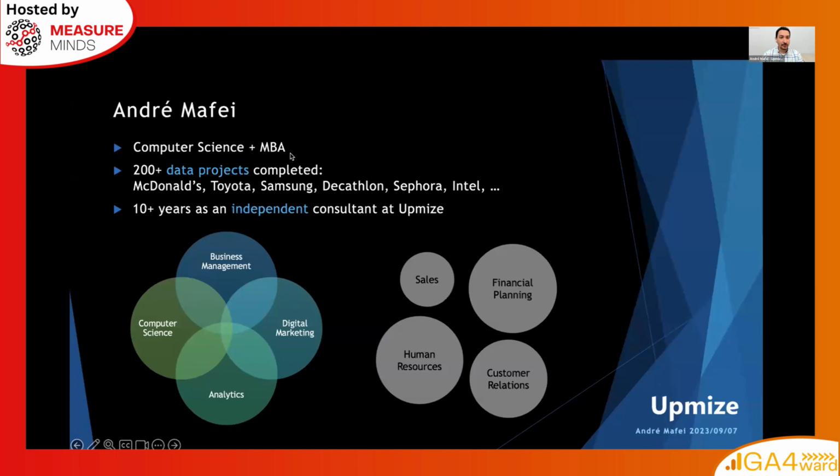My background is computer science, and I have an MBA. I've completed over 200 data projects for companies like McDonald's, Toyota, Samsung, Decathlon, Sephora, Intel, many more. It has been a privilege and a pleasure. And I've done these projects as an independent consultant.